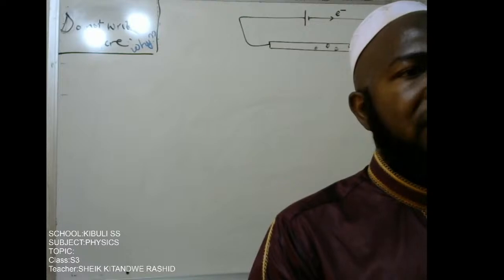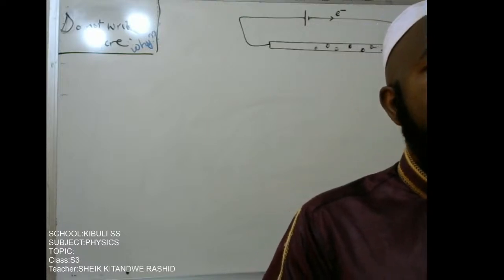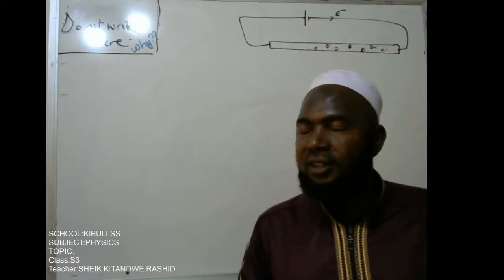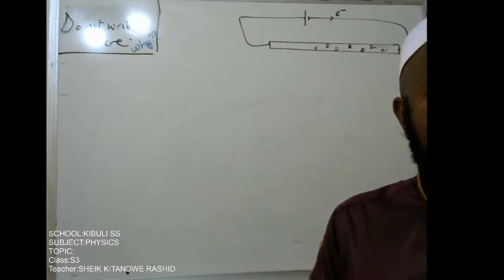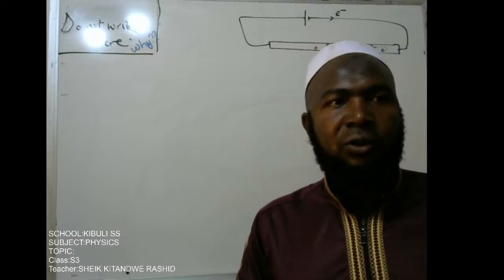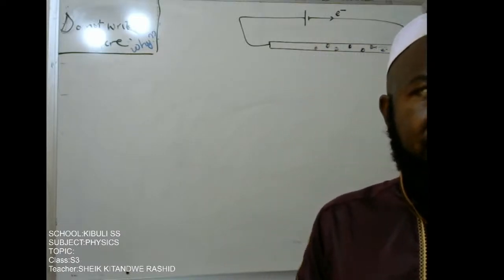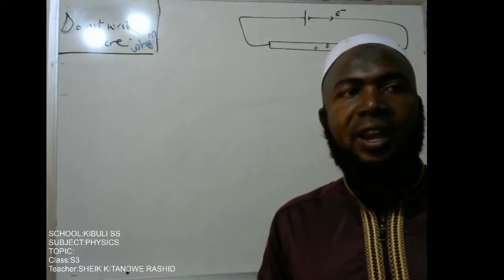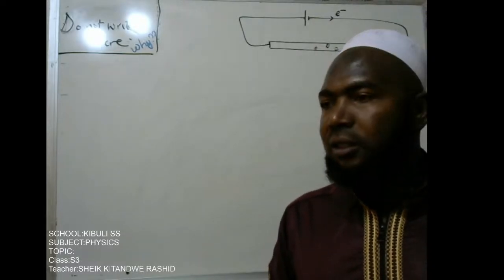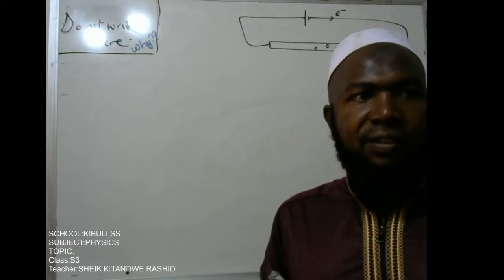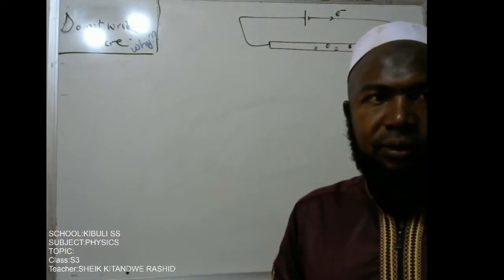The purpose of that inert gas is to prevent evaporation of tungsten, and it increases operating temperature of the bulb. If that is not done, the vapor will condense and therefore blacken the bulb.